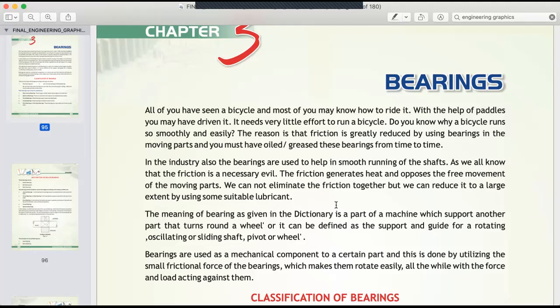In bush bearing, you need to remove everything, so it's more tiresome. Generally bush bearings are used in a single application, only one at a time kind of a thing. But if they have to use multiple bearings, then they will use open bearing. So that is a difference which you can remember.